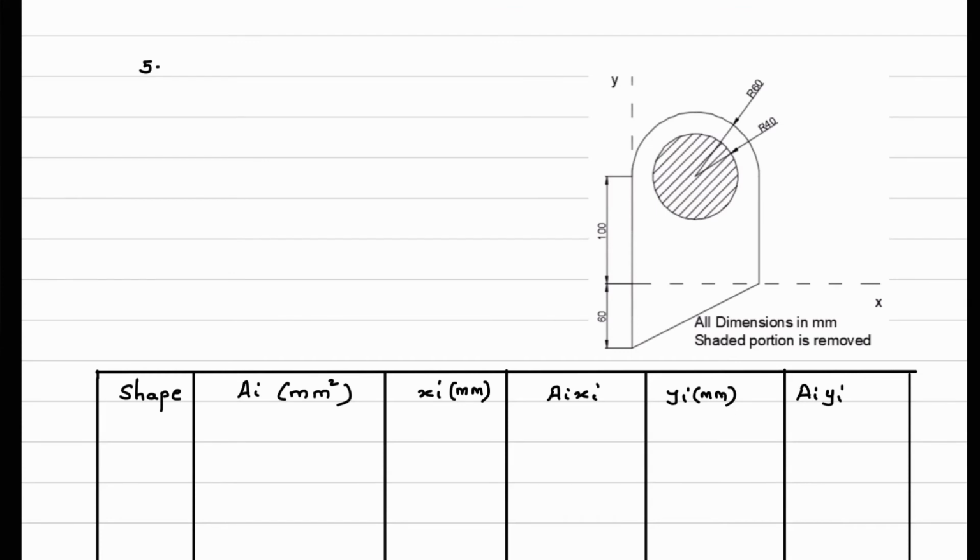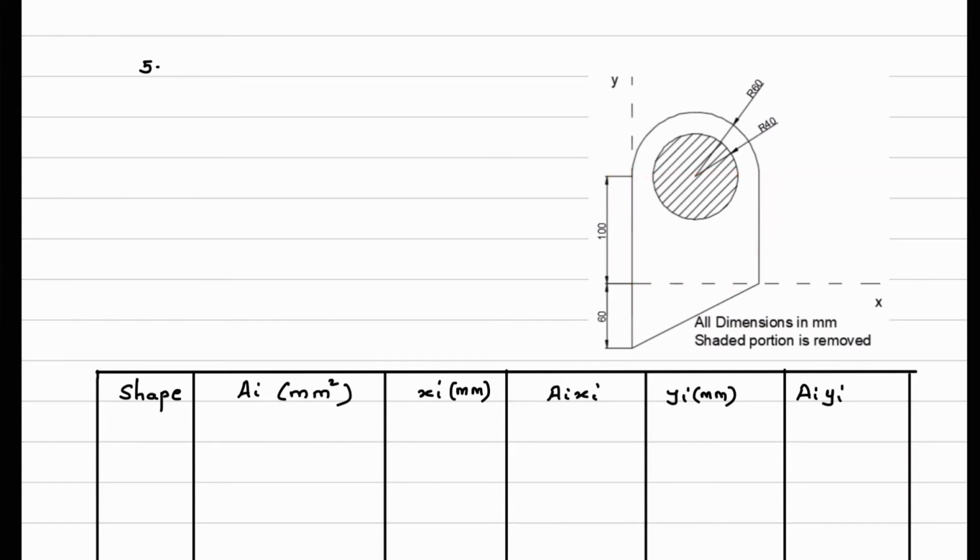Last question of centroid. So we'll see this question. Observe the figure, what is written: all dimensions in mm. So these dimensions are in mm. Next thing is the shaded portion is removed. So this circle part is cut. Now how many geometries are there? So we'll define the shapes now. First one is this rectangle.